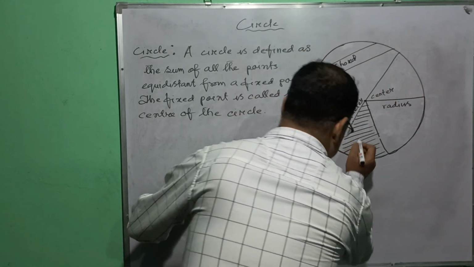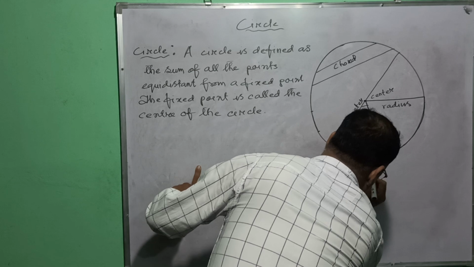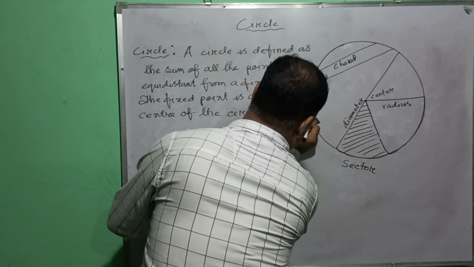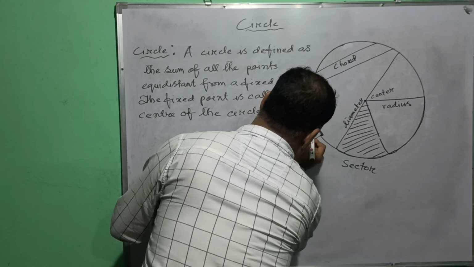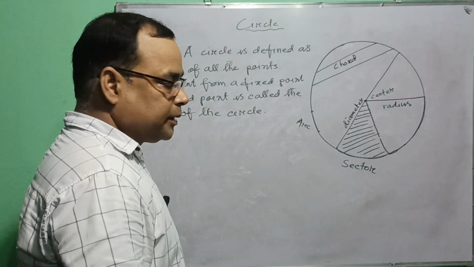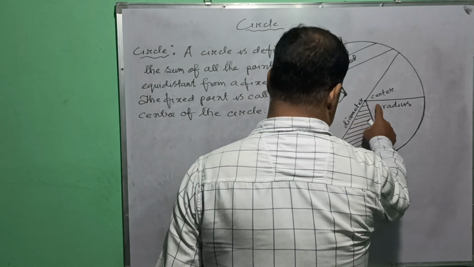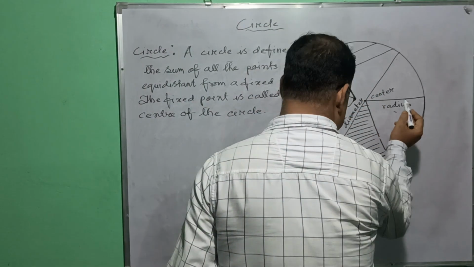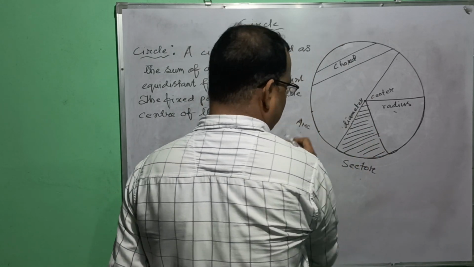We can write here sector, and that part also you can write arc, ARC. So here different arcs are there, from any part we can cut it. So we finished center, then radius, then diameter, then chord, sector, arc.